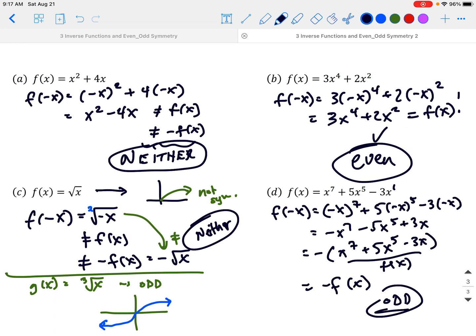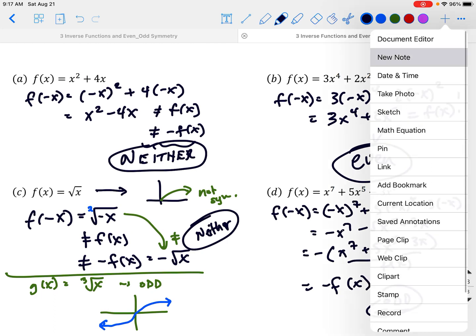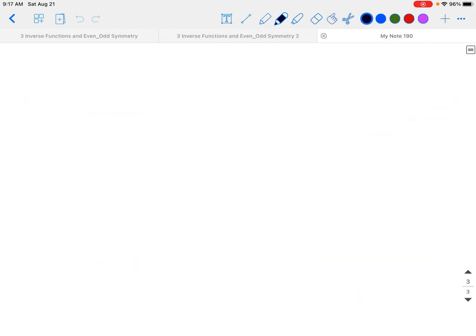What I'm going to do is add an additional example here that is maybe a little bit trickier. So let's add a little new note page here. Suppose we had f of x equals, and let's say we had, I don't know, x cubed over x to the 5th plus x cubed. Okay.